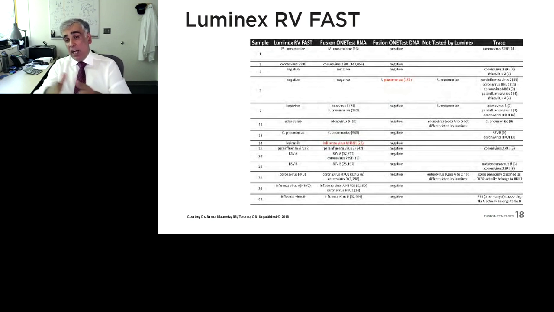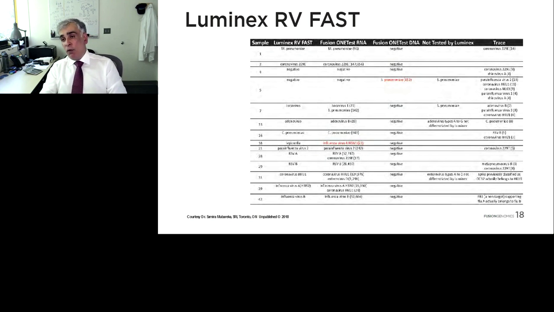Now, in addition, what was also interesting to us is, for example, if you look at sample number 5, which was negative on the RV FAST, but on the ONETest DNA, we were able to determine that the sample had DNA from S. pneumoniae.